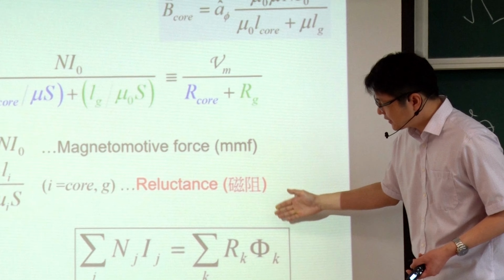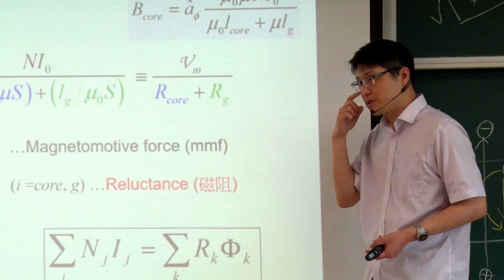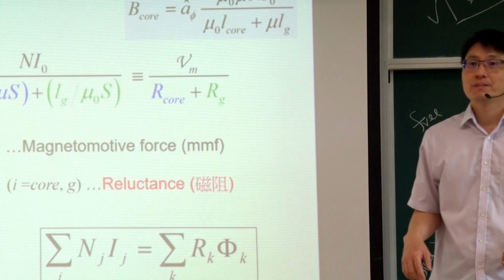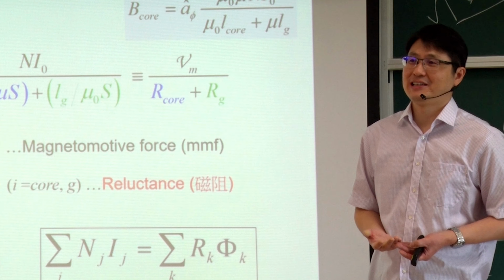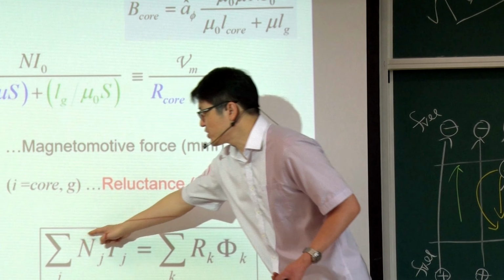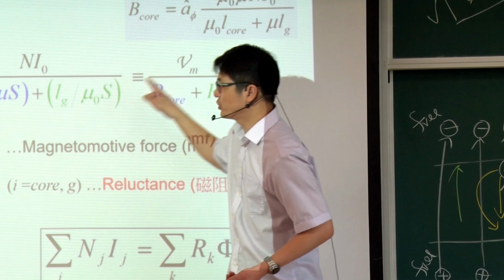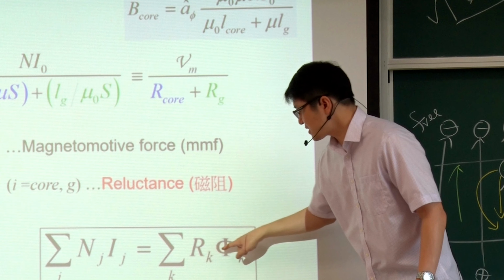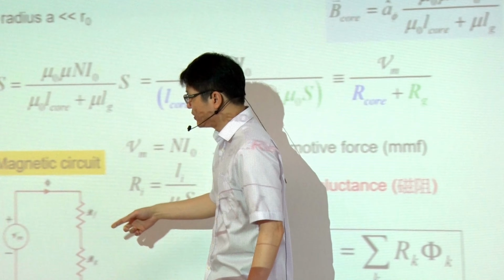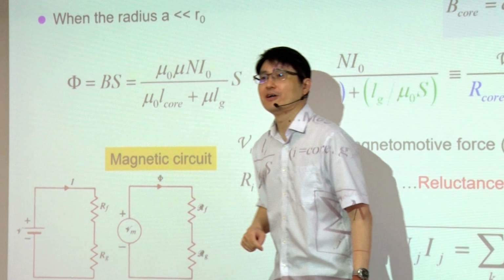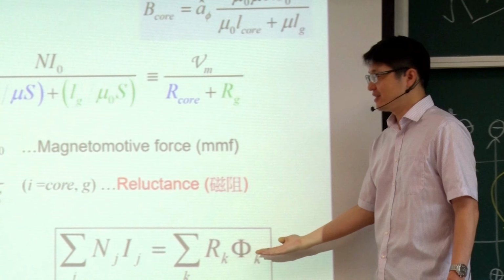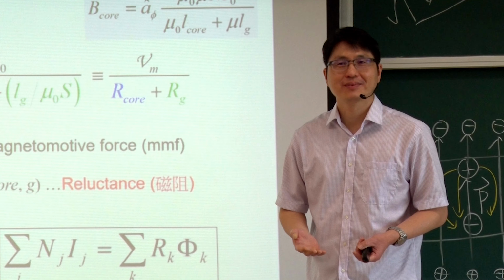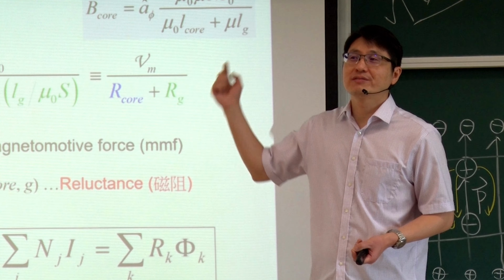So tell me, take a good look at this simple equation. The summation on the left equals the summation on the right. What is it called? Well, if you change this, Ni is voltage. Reluctance times phi, you convert it to resistance times I. What equation is it called in the world of electrics?